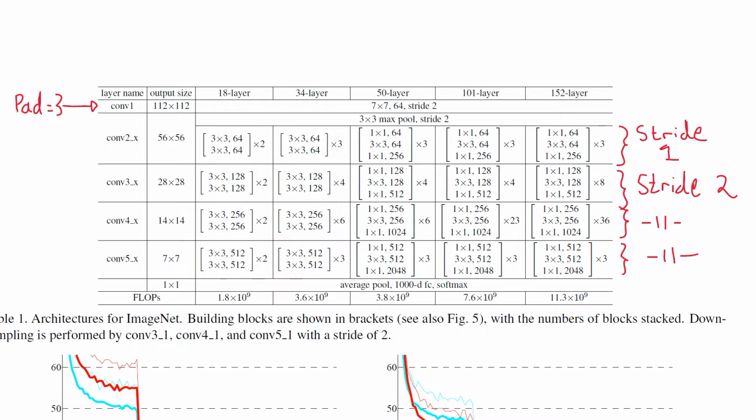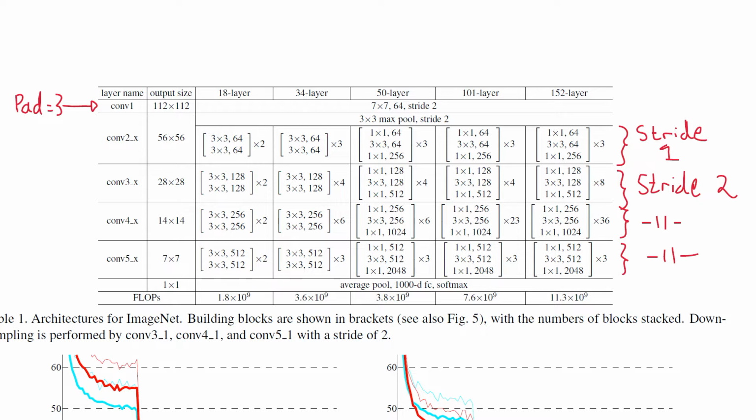One thing to keep in mind is that if we look at the output size from this one, it's going to be 56, and essentially all of these are same convolutions, meaning that none of them change the size of the input.